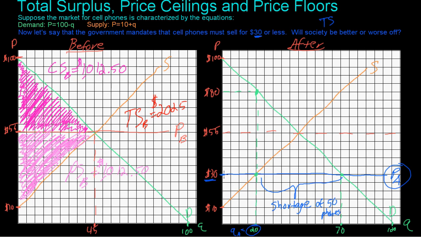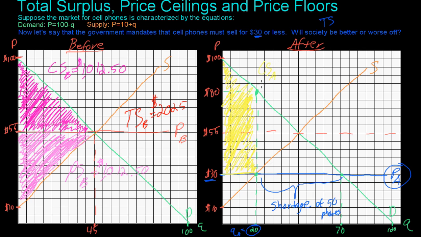So we have our market price right here, this 30, and we're going to find the area below demand and above price, stopping at the market clearing quantity, which in this case is just 20 because there are only 20 cell phones being supplied to the market. The area of this trapezoid will be consumer surplus.